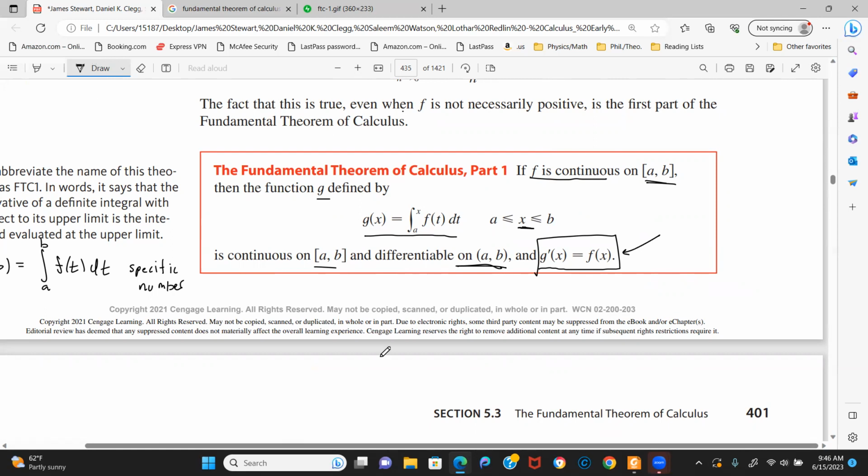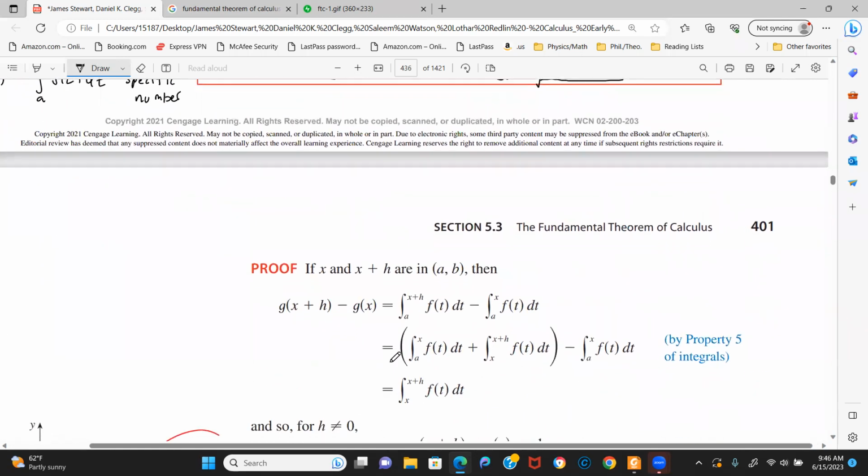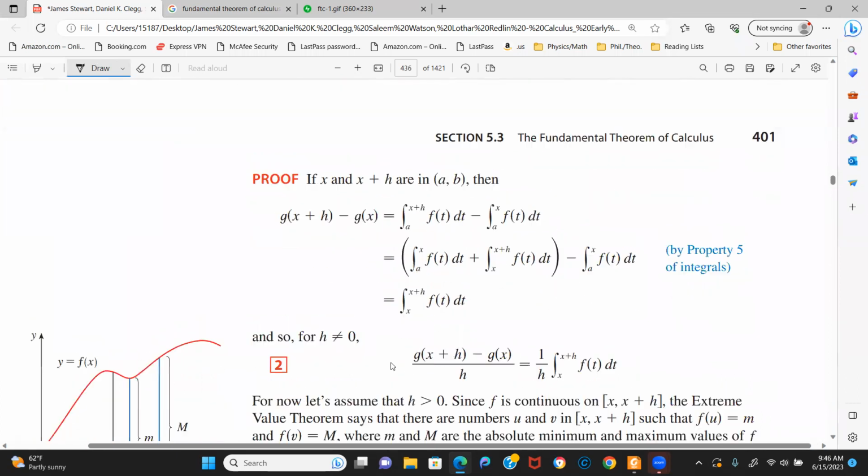All right, so let's see what they do here. So we want to compute this difference quotient, right? Because that's exactly what we need to take a limit of to show that the limit exists and therefore it's differentiable. So what we want to do is take h such that x and x plus h are in this interval a comma b.